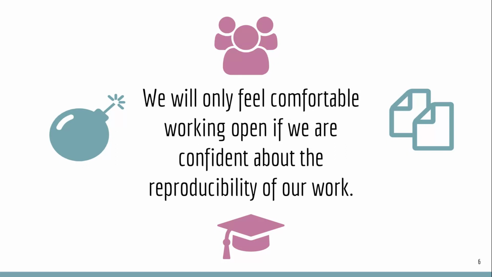Also, if we're open without being reproducible, then that just means it's not very useful to be open, because then the work is maybe not as good. I'm talking here about computational reproducibility. I think it's a little bit more complicated when we talk about entire studies.